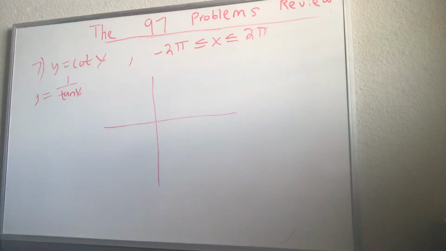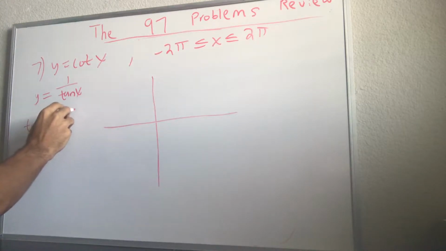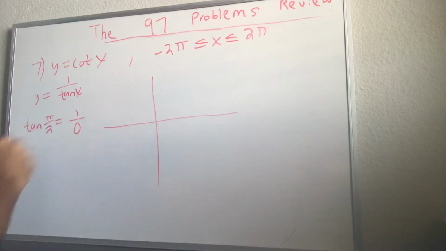the idea here is that, for instance, if you take pi over 2, you know that tangent of pi over 2 is undefined. So you can really say that tangent of pi over 2 is really just 1 over 0. Now you're doing 1 divided by that.